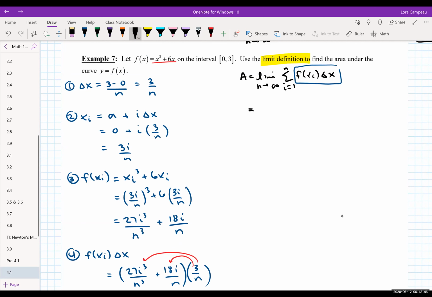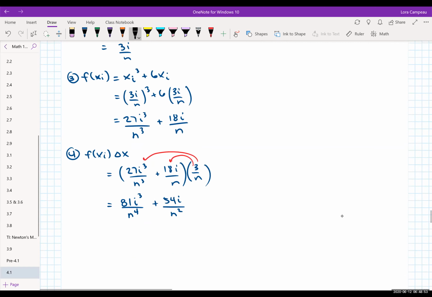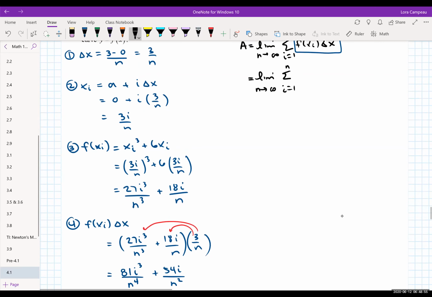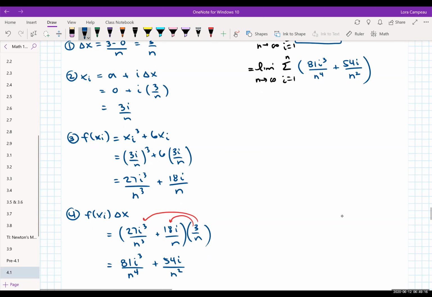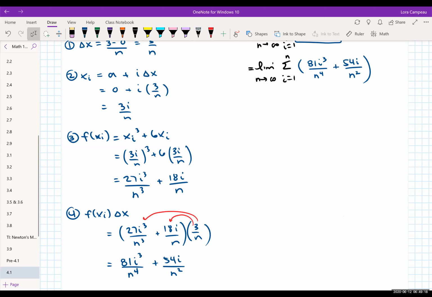So when I show the plug-in, I have the limit as n approaches infinity of the summation from i equals 1 to n of f of x_i, and we are going to plug in 81i cubed over n to the 4th plus 54i over n squared. Now we keep in mind there's a sum, so we can use sums and differences of summations.